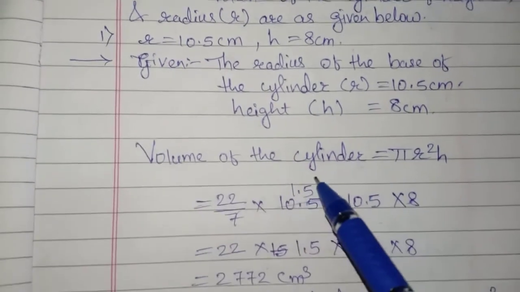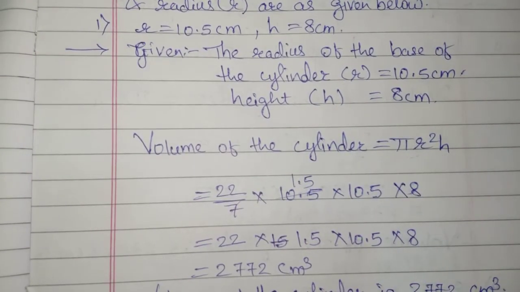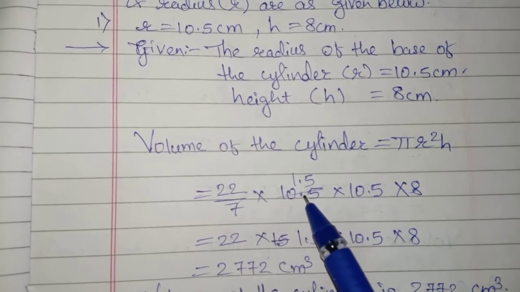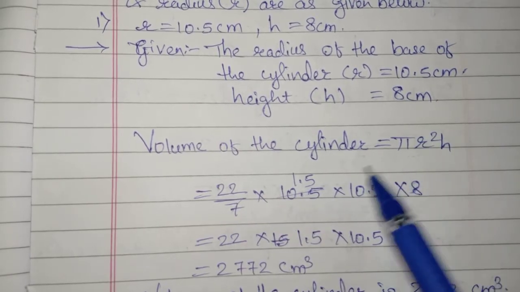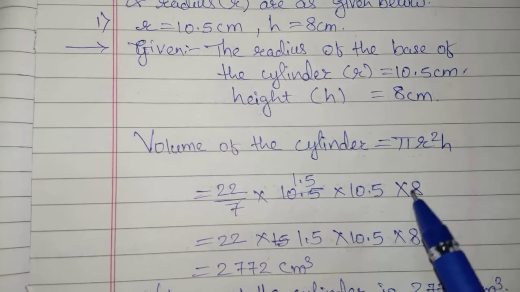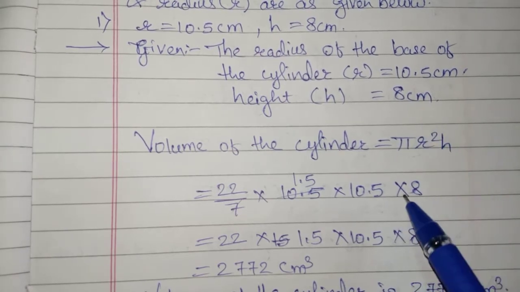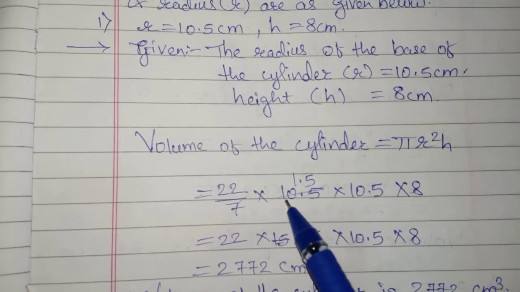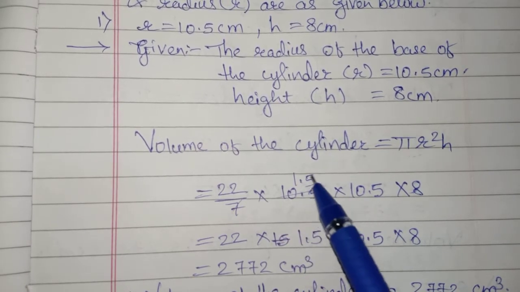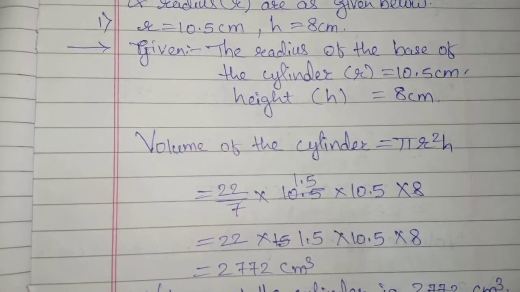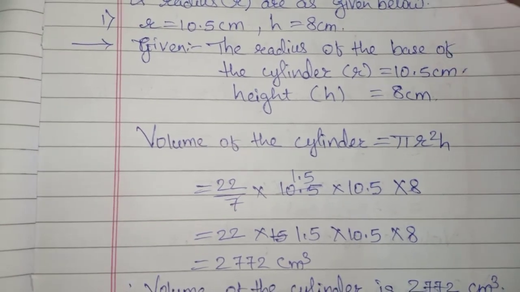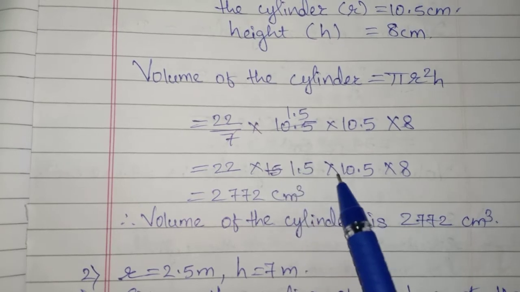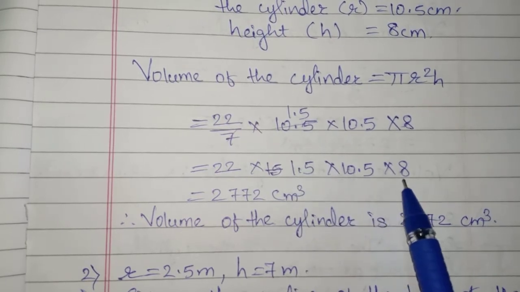Now the volume of cylinder formula is pi r square h. Substitute values: 22 upon 7 into 10.5 into 10.5 into height 8 centimeters. 7 ones are 7, and here 7 ones are 7, then 7 5s are 35, so you get 1.5. Next step, 22 into 1.5 into 10.5 into 8.